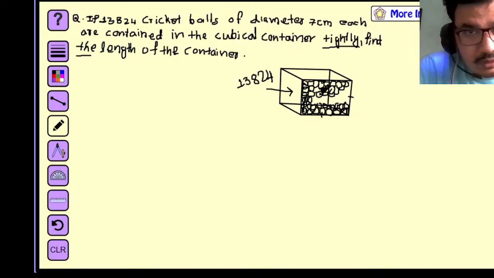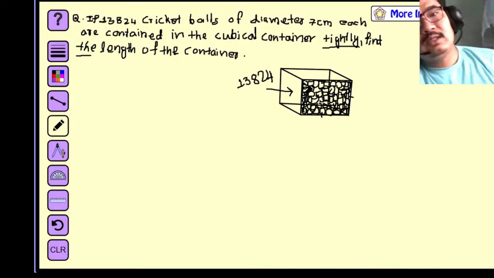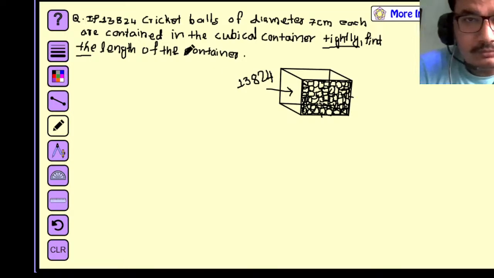If they are kept here inside this cubical box, there is no gap between two cricket balls, and altogether there are 13,824 cricket balls inside this cubical container.